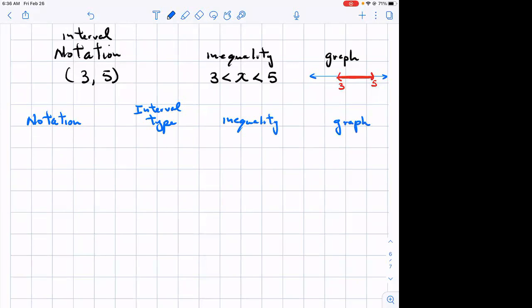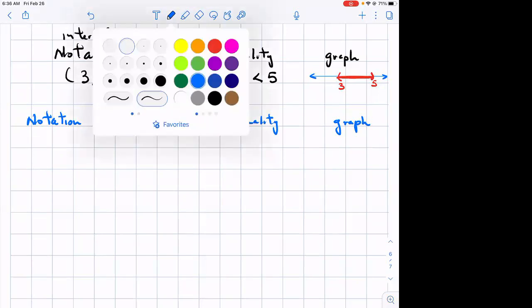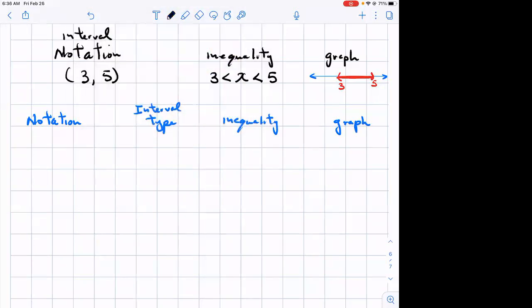Let's start over, please. Some of them I don't have the name. If I have this notation, bracket A, comma B.